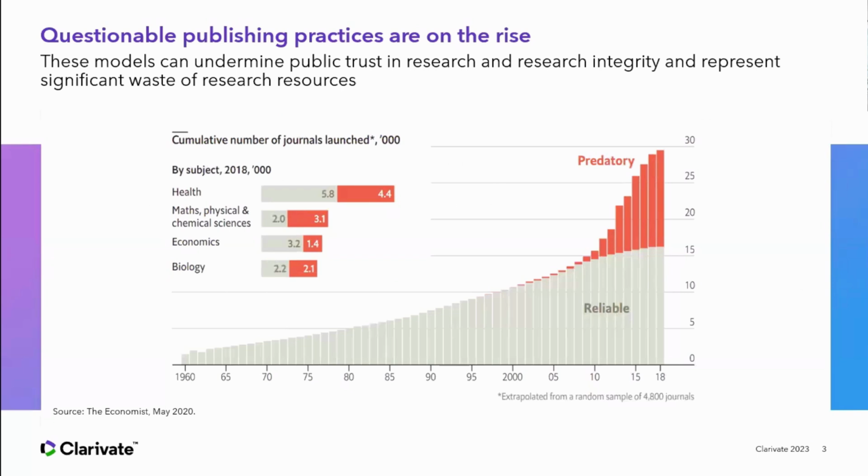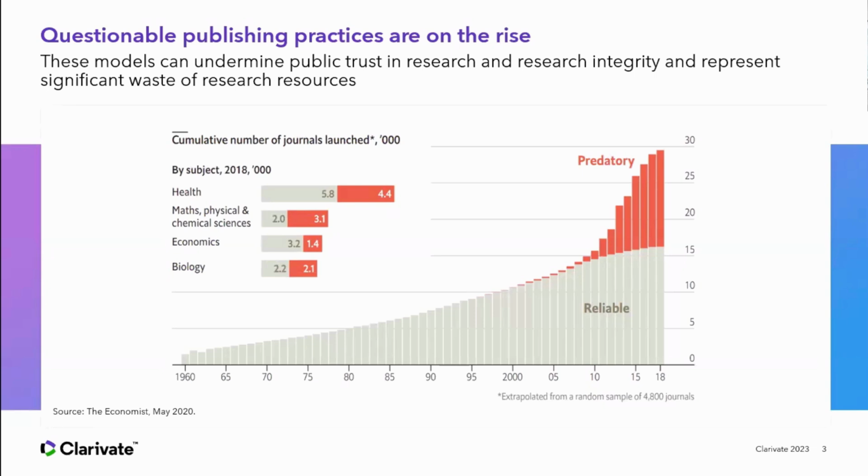Now let's focus a bit on the unethical publishing behaviors of journals. Because of the rise of open access publishing, there are certain individuals or organizations that might think that it's now easier to collect things like article processing charges from researchers.